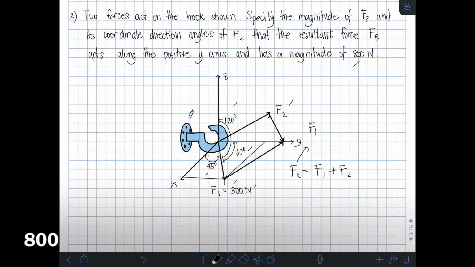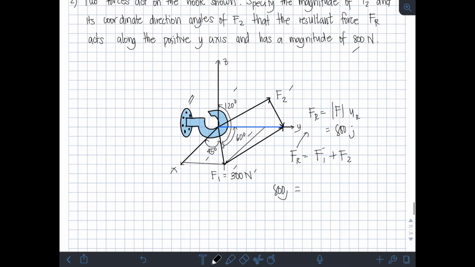So, therefore, yung Fr natin is, diba meron tayong formula na any vector can be written as its magnitude times yung unit vector in the same direction sa kanya. So, UR. Since along the positive y-axis lang naman siya, therefore, meron lang siyang j component, right? So, therefore, ang pinaka-resulta natin is 800 times, ano ba yung unit vector sa y? Which is j, right? So, 800j.